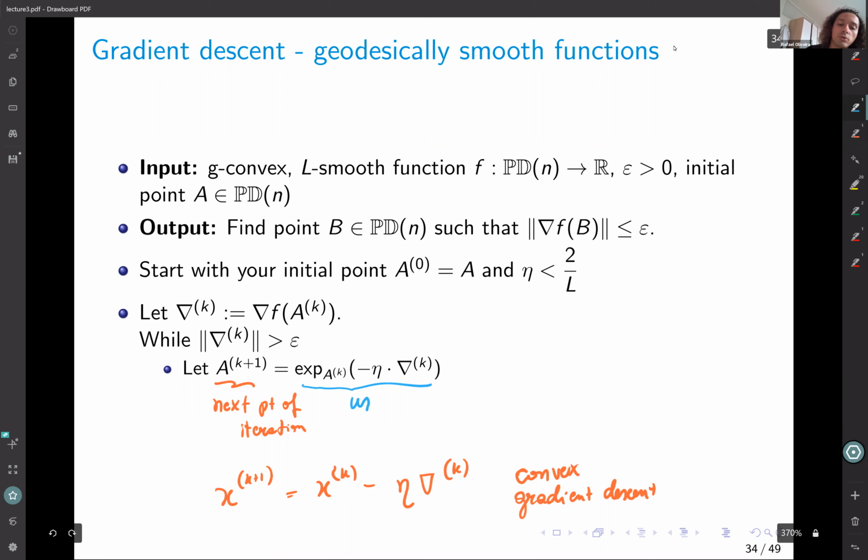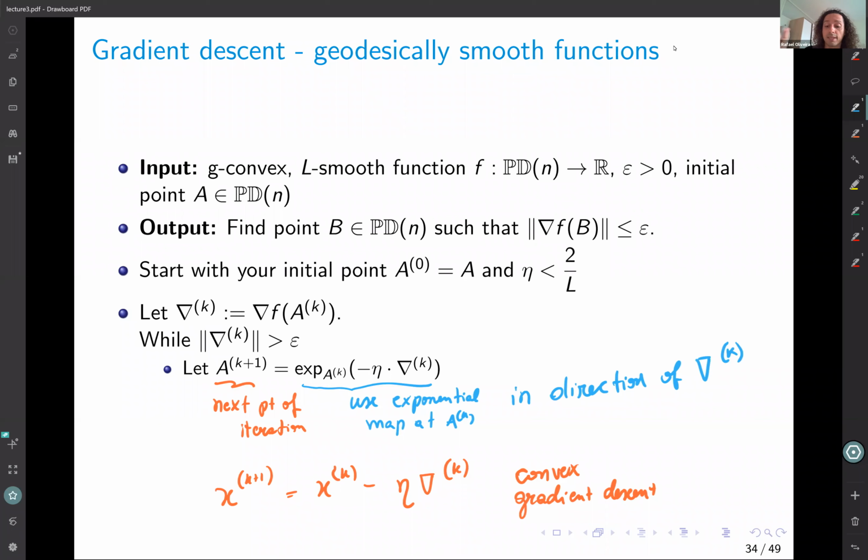at A, in the direction of the gradient. And we use eta as the learning parameter, the same way that we used for gradient descent.